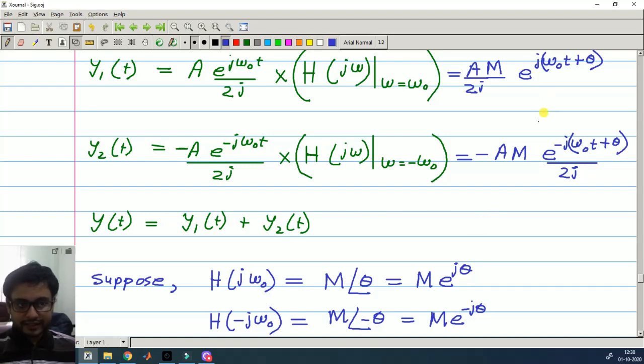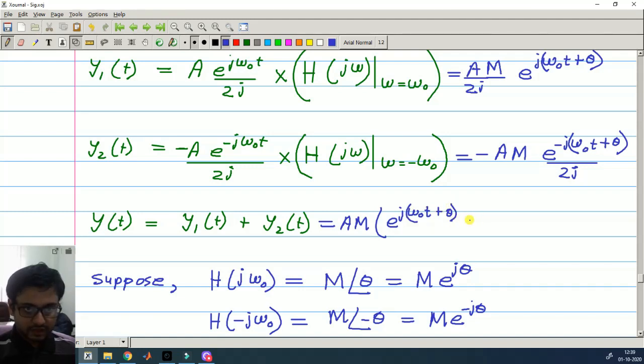Okay, then you may simplify this y. This is equal to these two terms together. So I will take am common. Then we have e to the power j(omega naught t plus theta) minus e to the power minus j(omega naught t plus theta), and then divided by this 2j.